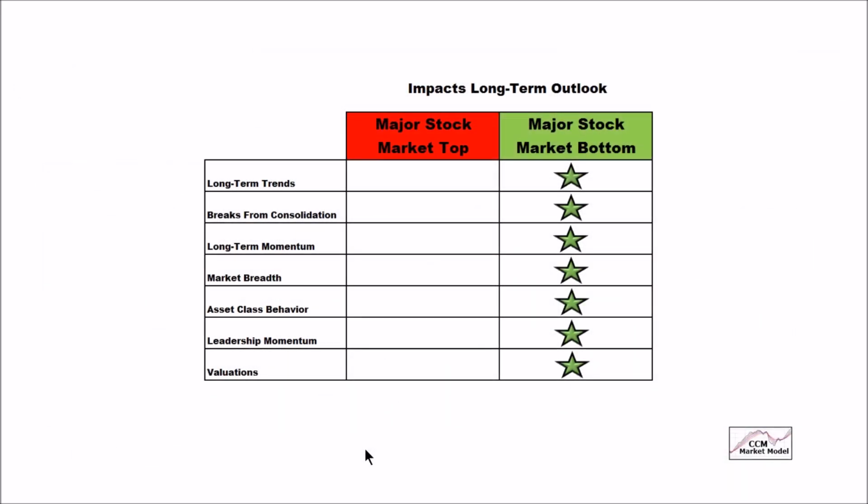And in last week's video, we provided numerous examples of facts in hand, hard data charts that we could look at and measure that say the present day looks more like a stock market bottom, present day meaning 2016, 2017, and really doesn't look anything like a major stock market top.